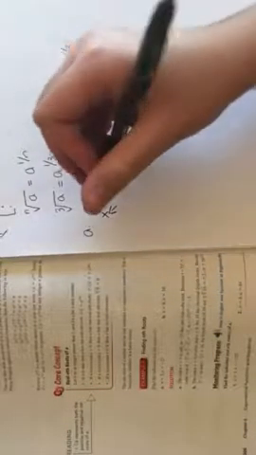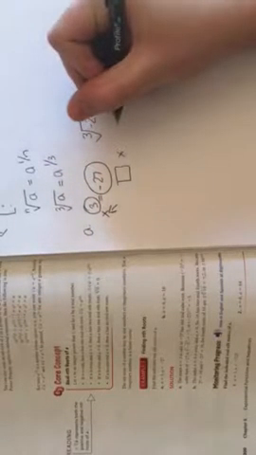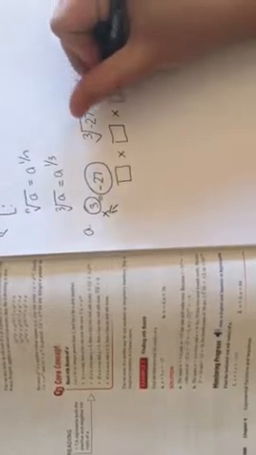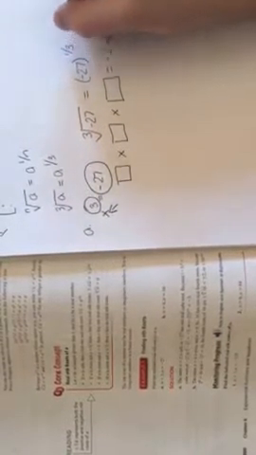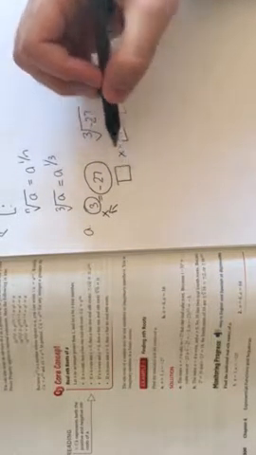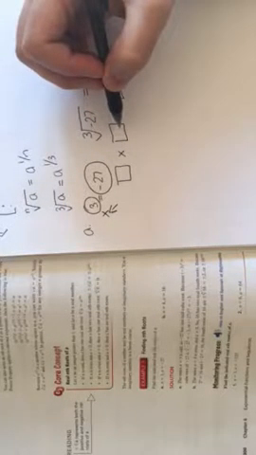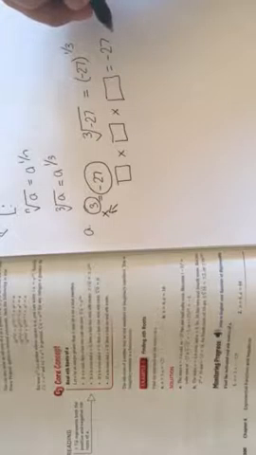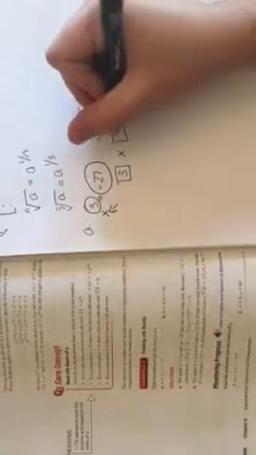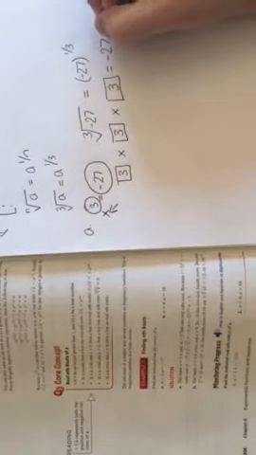What I want you to think is, what times what times what is going to give you negative 27? We could start out with 2 times 2 times 2. 2 times 2 is 4, 4 times 2 is 8, so that's not the correct answer. If we put 3 here, 3 times 3 is 9, 9 times 3 is 27.